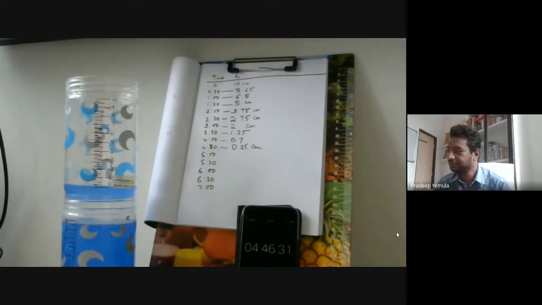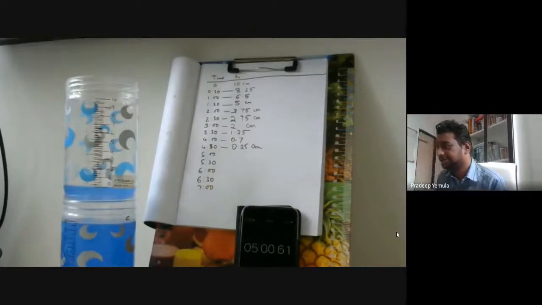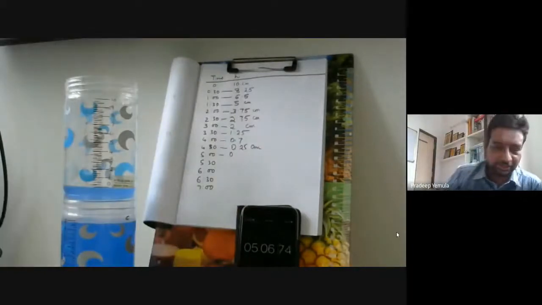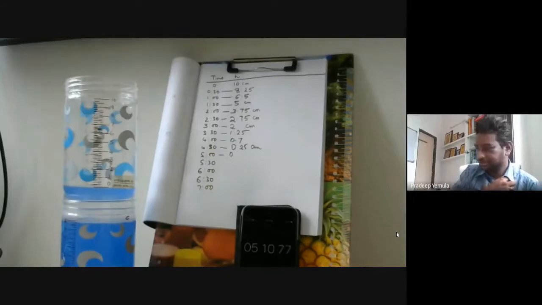So let's wait for that. Okay, so the time is 5 minutes and the height almost touches 0. In fact, below 0 also there is some water left because of the shape of the bottle, but right now we don't concern ourselves about that.